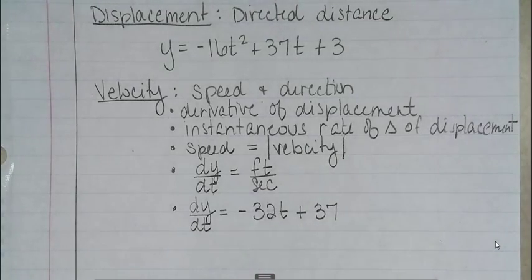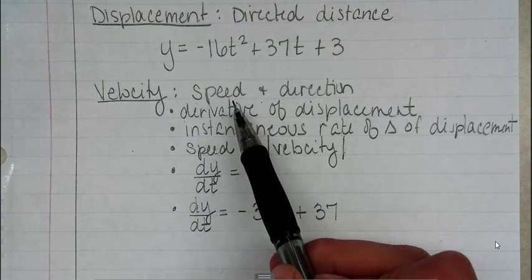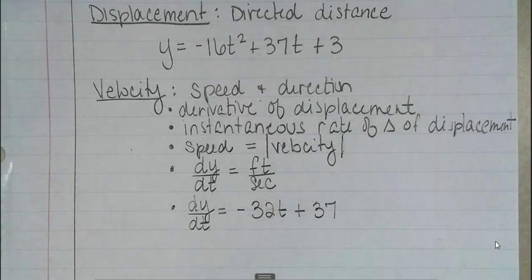So what happens when we take the rate of change of our velocity? When we ask ourselves, how fast is my speed increasing or decreasing? What's the rate of change of my speed? Think about that for a second. If I'm changing the speed at which I'm going, what's that rate of change of my speed?